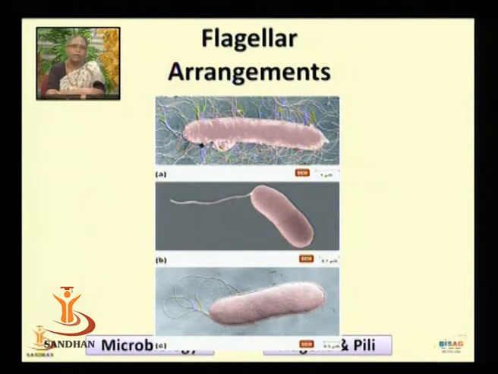So we cannot see flagella even though we are able to see the movement. To see the flagella, special staining techniques are required, and then we can see the flagella after staining them with a suitable technique.